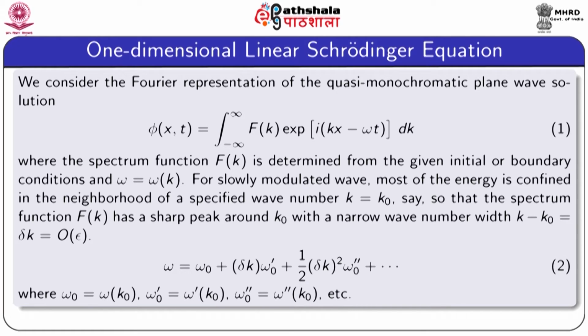So here omega 0 is equal to omega at k0, omega 0 dashed equals d omega/dk at k equals k0, and omega 0 double dash represents d2 omega/dk squared at k equals k0.